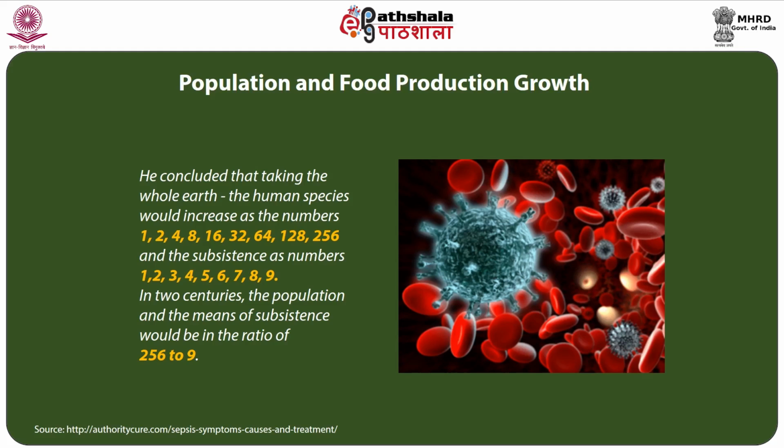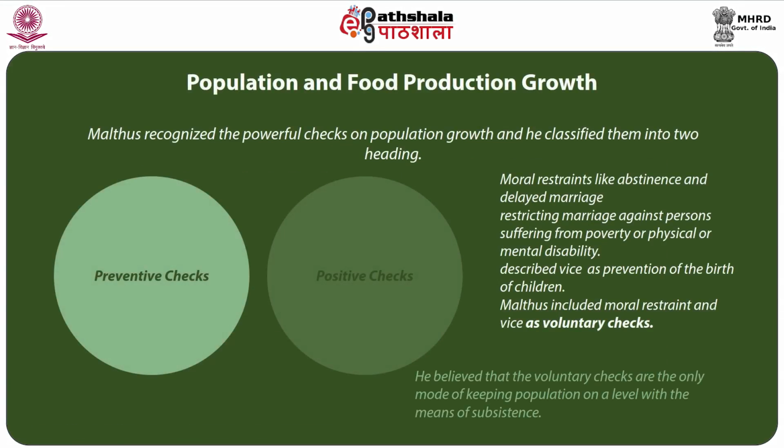In 2 centuries, the population and the means of subsistence would be in the ratio of 356 to 9. Malthus thus recognized the powerful checks on population growth, and he classified them into 2 headings.